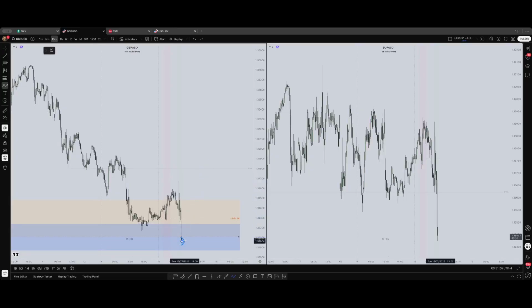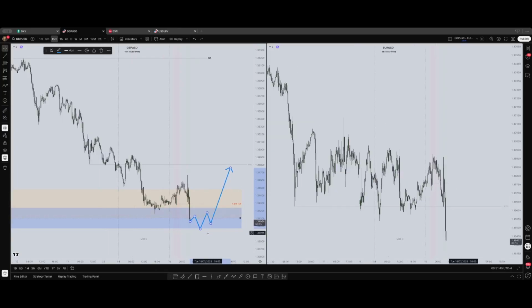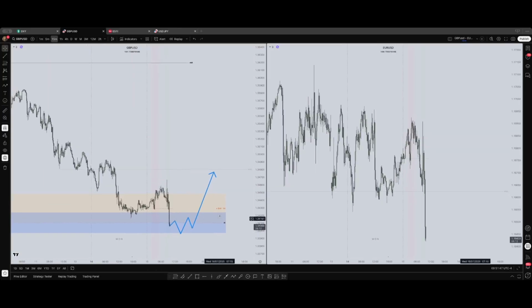We can maybe observe price going to something like this, and then we can enter, because the market structure shift, also called break of structure, happened here, and this level is already important because it's discount. So we're expecting a retracement now to the upside. That's why we are looking for longs from here.